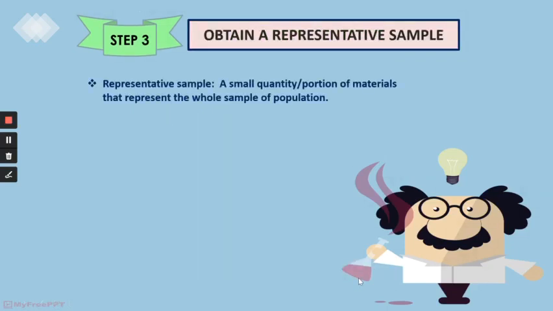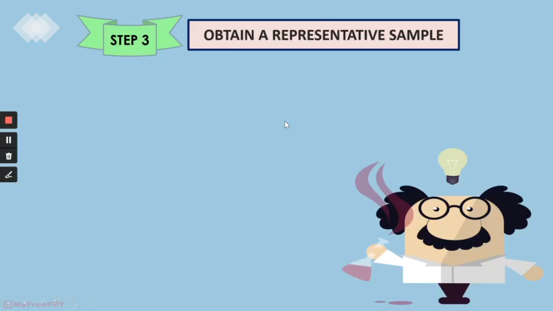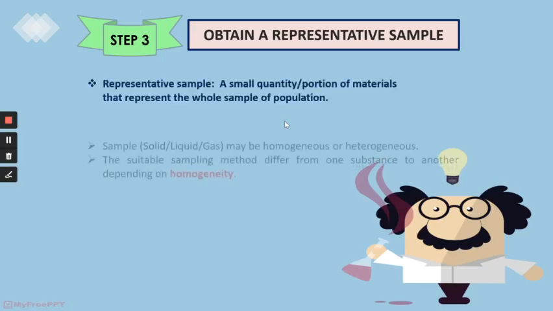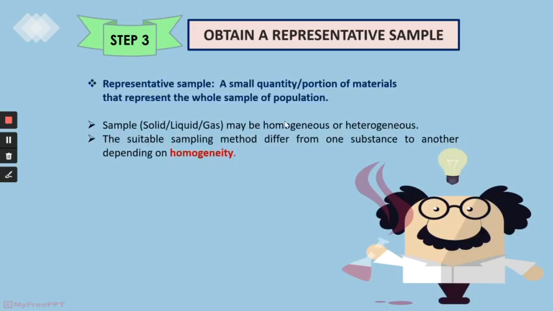Look at step number 3, obtain a representative sample. A representative sample is a small quantity or portion of material that represents the whole sample or population. So you must know the type of your sample. Is it solid, liquid or gas? Sample may be homogeneous or heterogeneous.